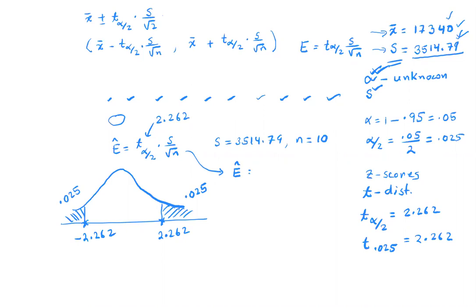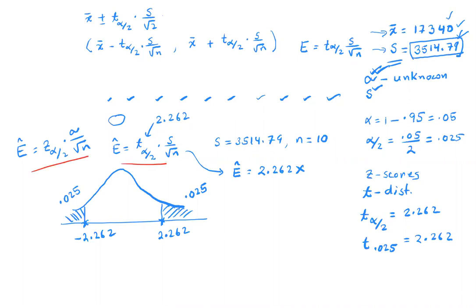Which is going to be T sub alpha over 2 times S. That's where I use the sample standard deviation, because remember, the difference between the last formula and this one is that margin of error E hat was Z sub alpha over 2 times sigma over square root of n. If you compare these two formulas, structurally they are very, very similar.